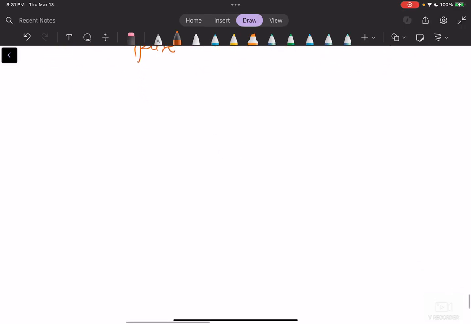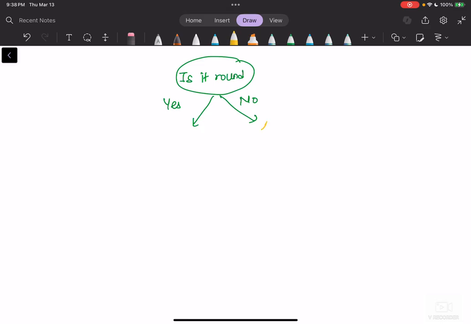So at the end, what would it look like for us? Is it round? Then we have 2 branches, yes or no. As soon as we say no, we have our pure class for bananas. And when we say yes, we still had oranges and apples.